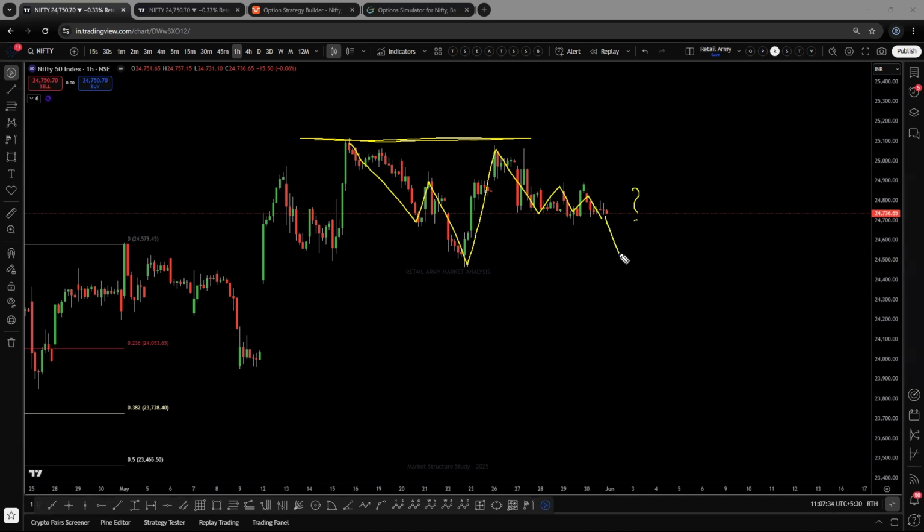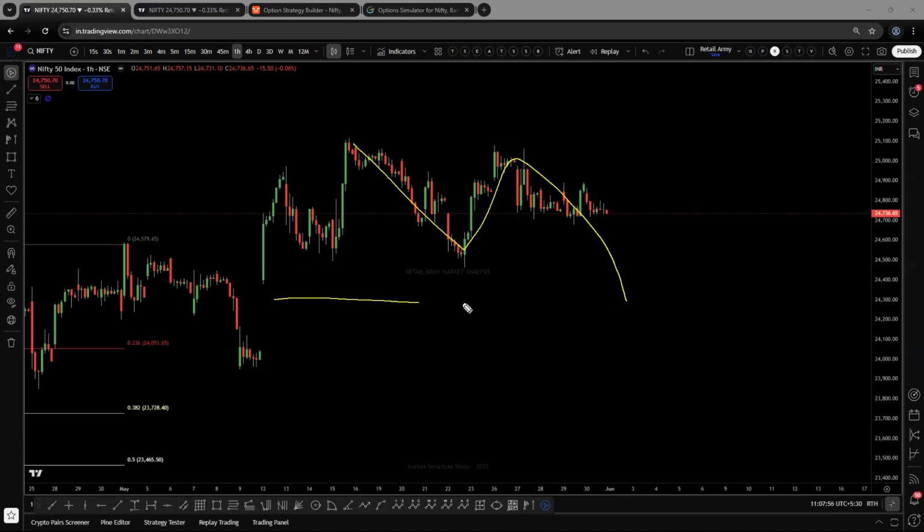Will it go down, stop here, and become a triangle pattern? Yes, it can. Can the market give us a breakdown from here, fill this gap and retest this low? Yes, it can. Can the market suddenly pause here without going down, just touch this gap and go higher?